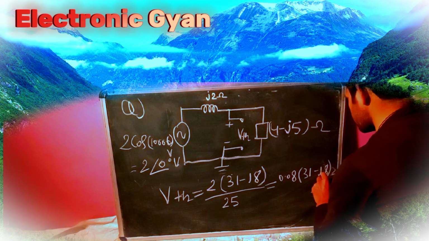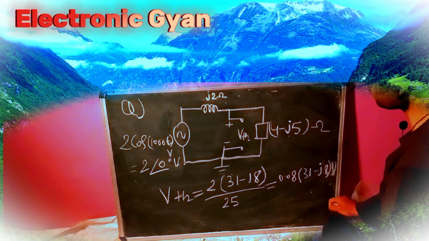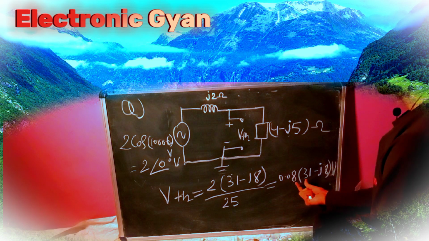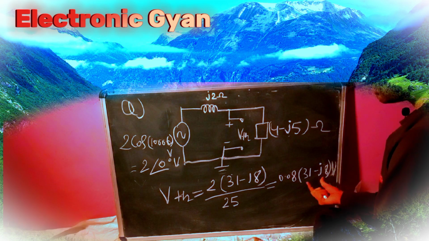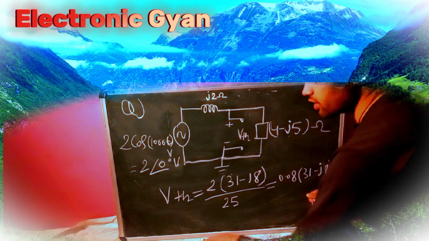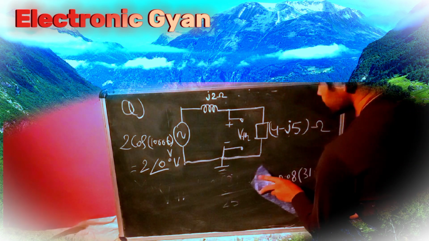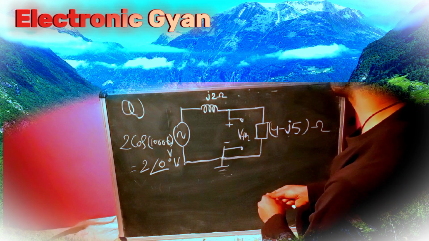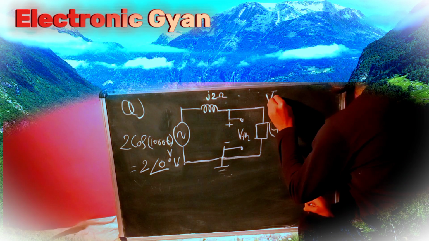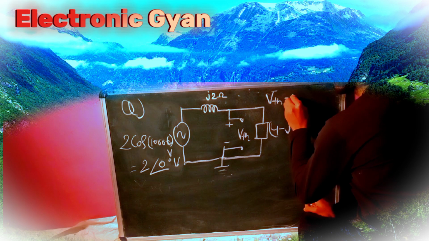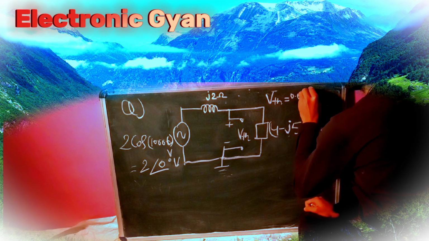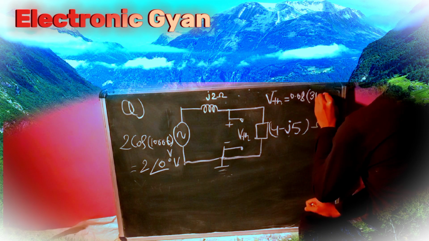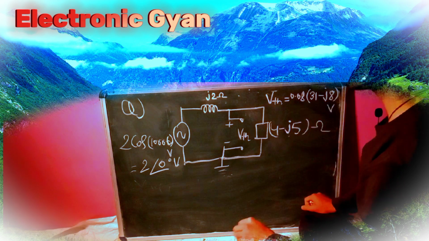This is my VTH, 0.08 into 31 minus j8 volt. This is my Thevenin voltage across this.